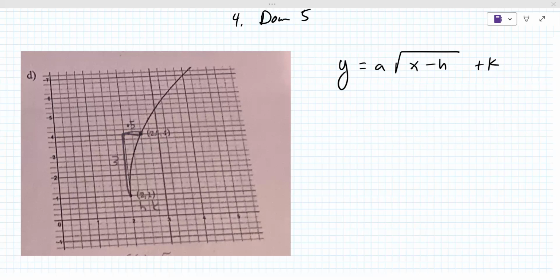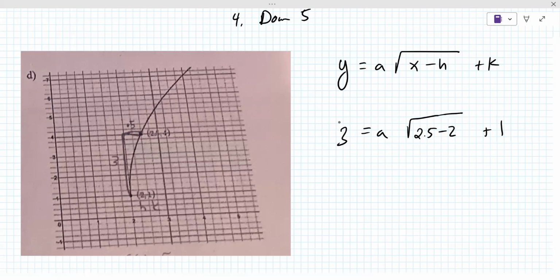Okay, so I have a question with this one. Currently I have 3 equals a square root 2.5. They wouldn't give you that. Well, they did give you that. So we can do the square root of 2.5 minus 2. How did I mess that up?